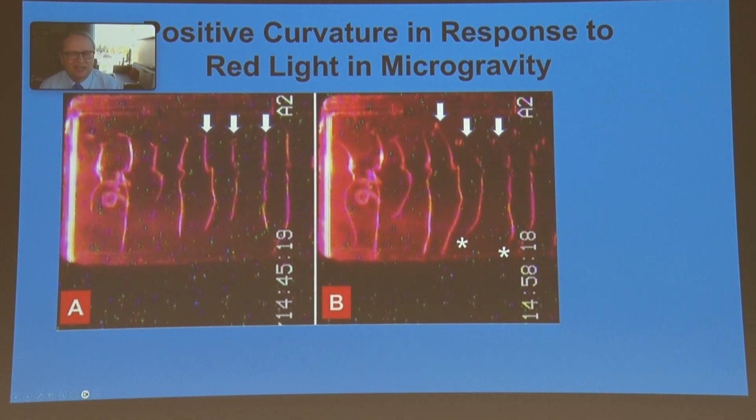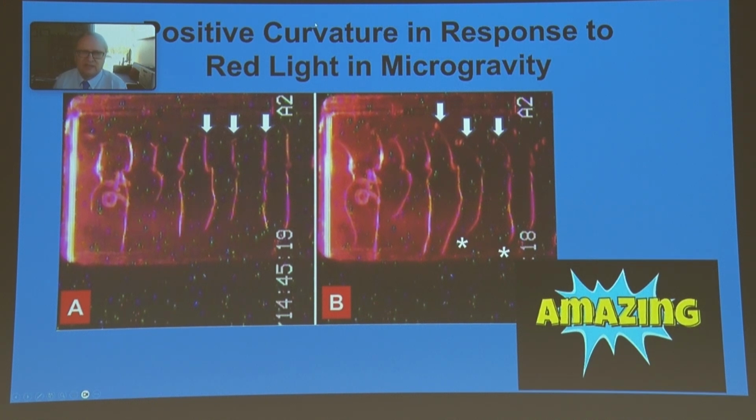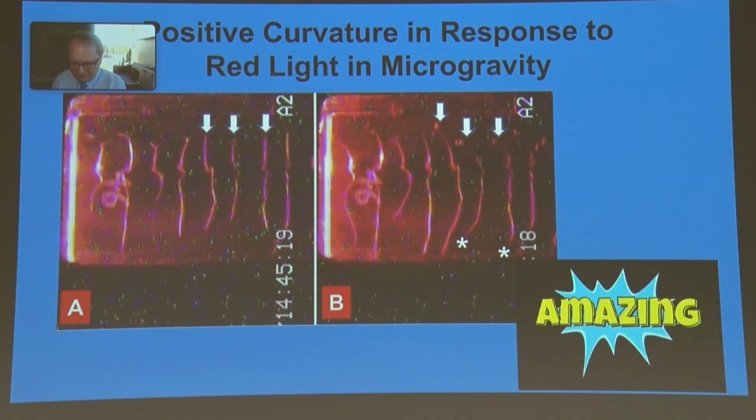Let me go back to an exciting discovery we made in microgravity, and it's this: the plants exhibited a positive curvature to red light in microgravity. We don't observe this on Earth. Red light has an effect on plants on Earth, but not a directional response.